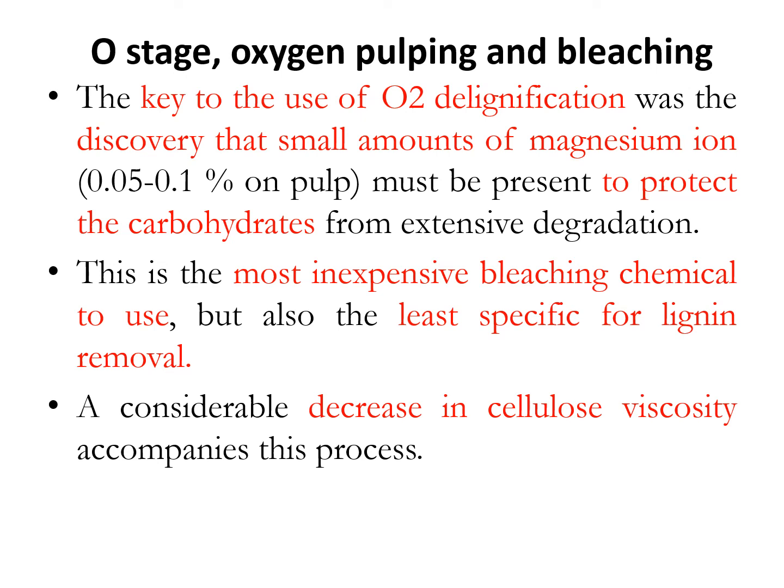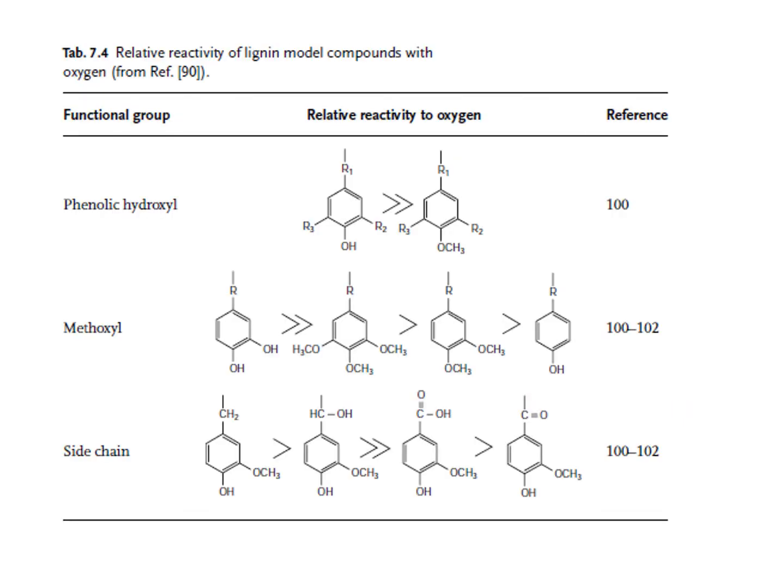Here a considerable decrease in cellulose viscosity occurs in this process. Here you can see the relative reactivity of lignin compounds with oxygen, like the phenolic hydroxyl functional group, and the methoxyl group.